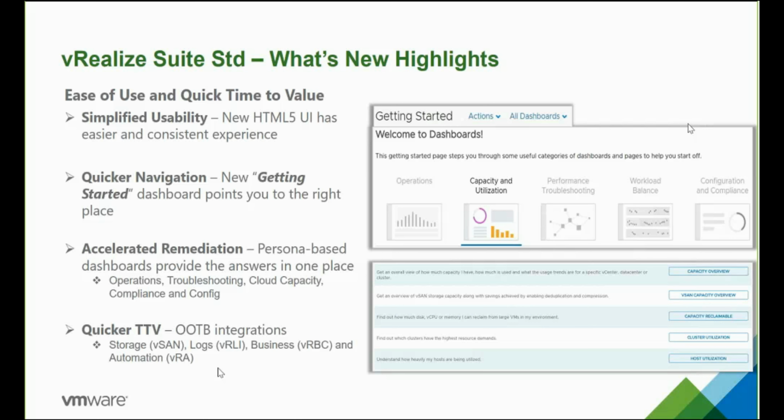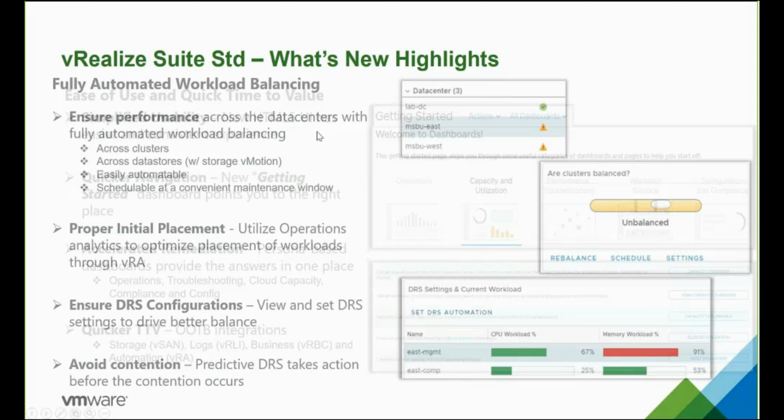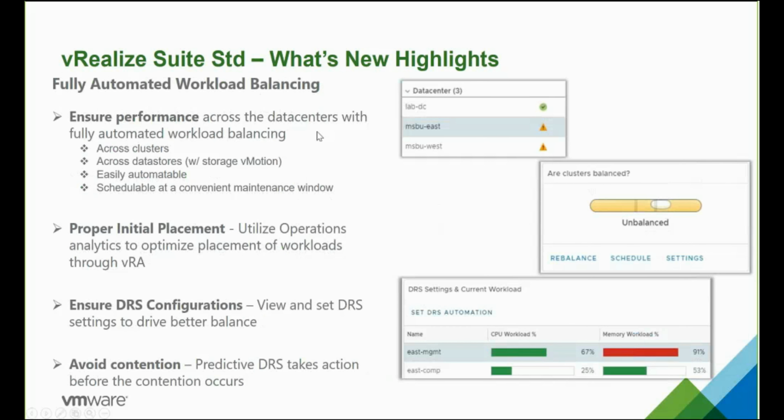All right, so that's one part of what's new. I think there's another part of what has changed, around making sure that you can proactively avoid performance issues and efficiently use the capacity which you have in your environment. And that is a four-pronged approach in this case, not just two-pronged.